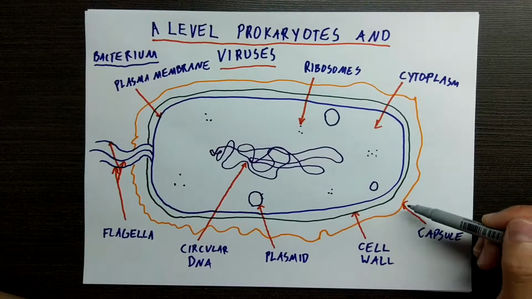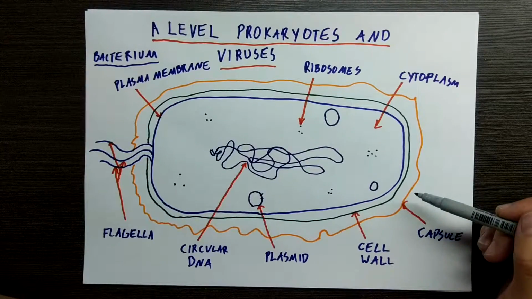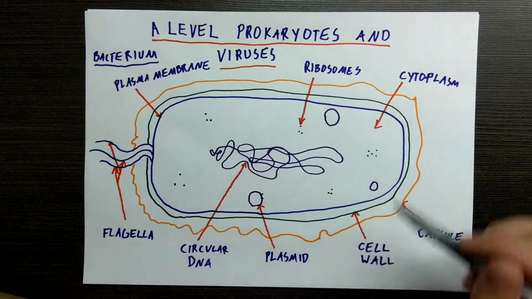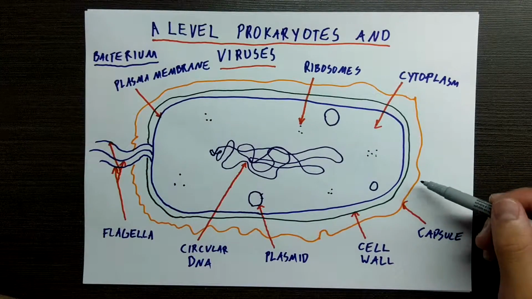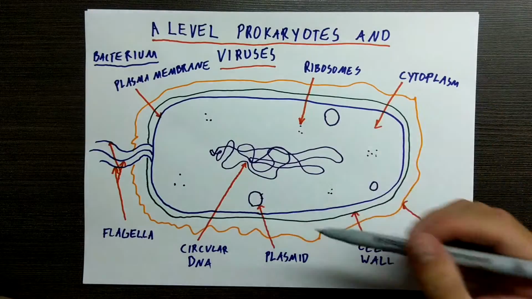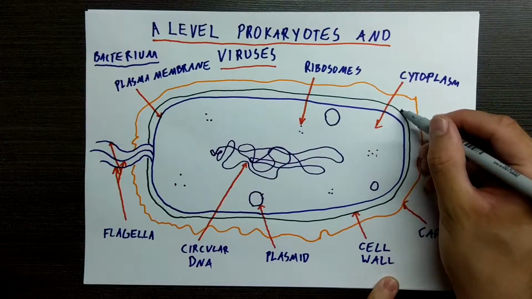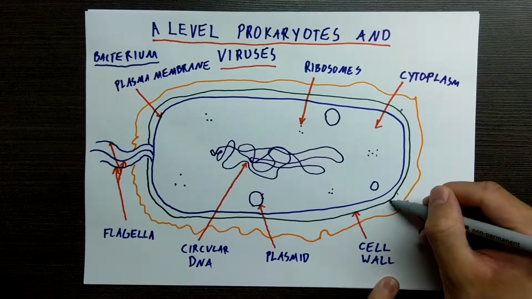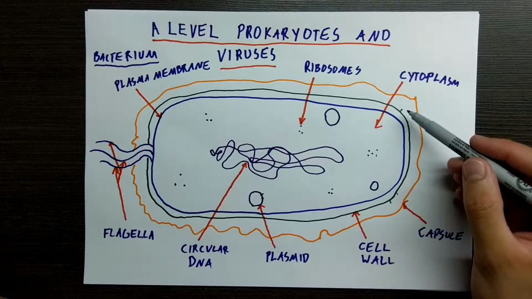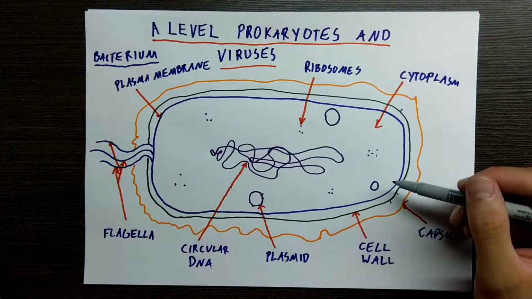And also, more importantly, the capsule is very, very important in immune system avoidance. The capsule may contain various proteins that help it avoid the immune system. And the capsule also covers these little glycoproteins in the cell wall, which often are used by the immune system to detect that this in fact is a bacteria.